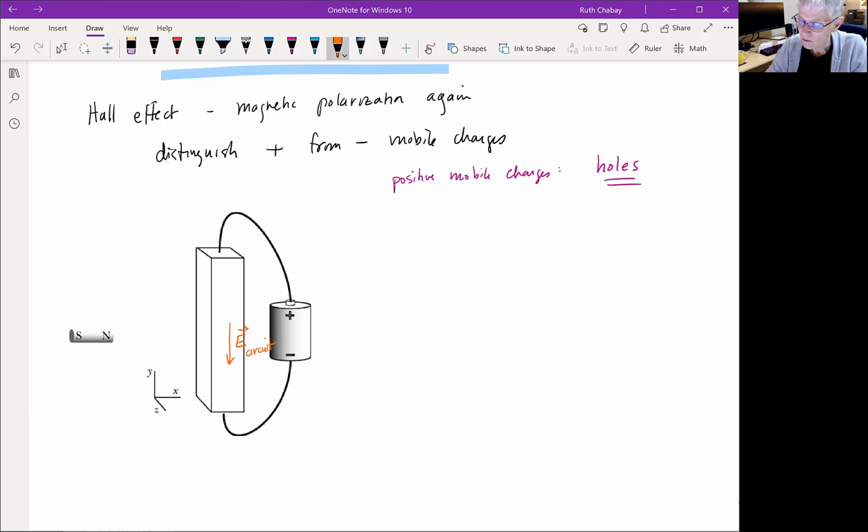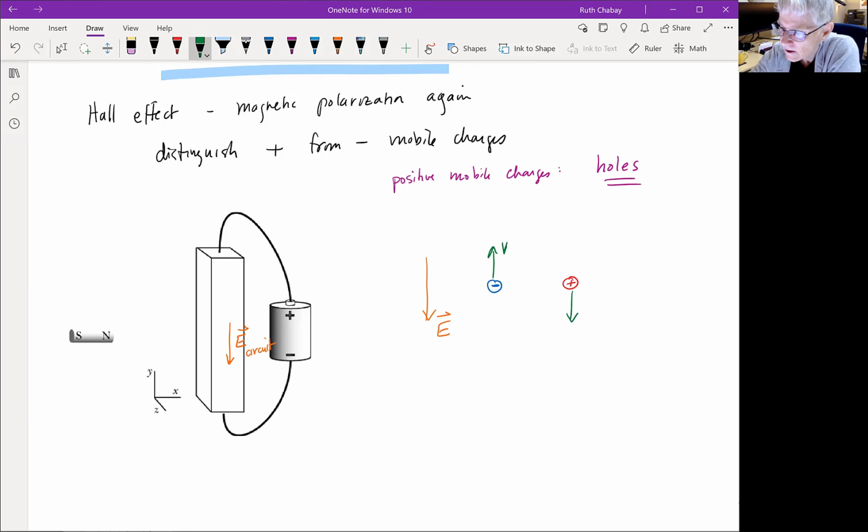And so mobile electrons, if they are electrons, would actually move opposite to the field. So we have this field down. And so if the movable charges are negative, they would actually move up. And if the mobile charges are positive, they would move down in the bar.